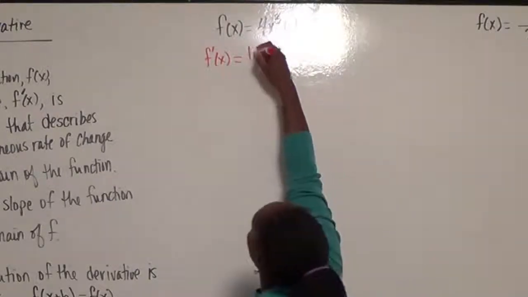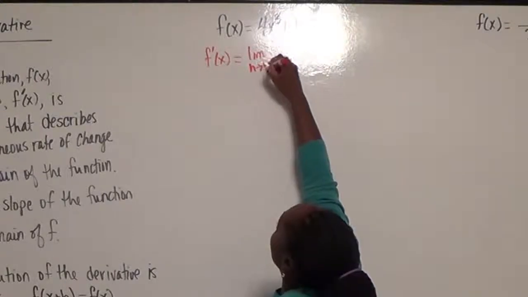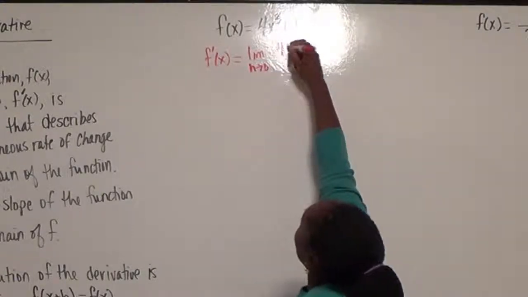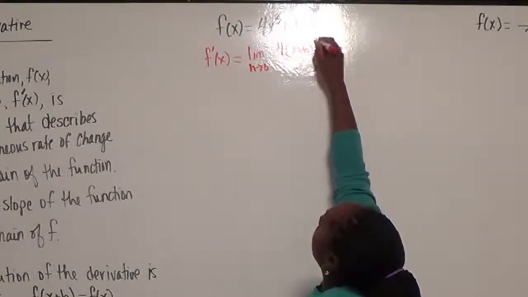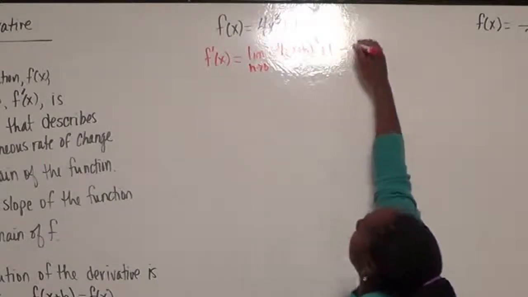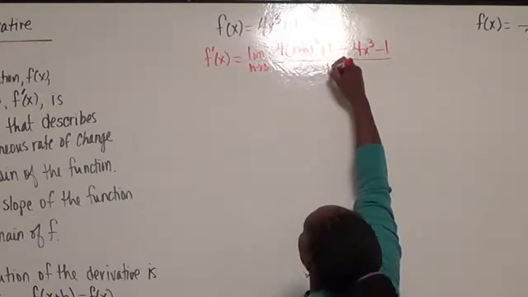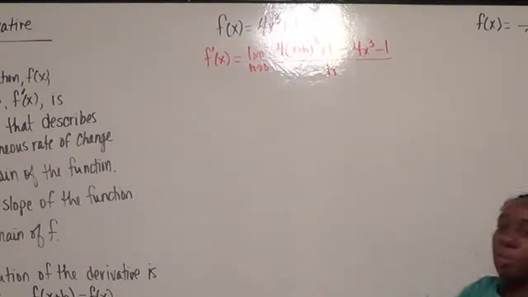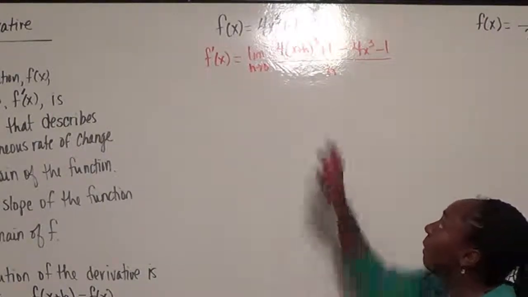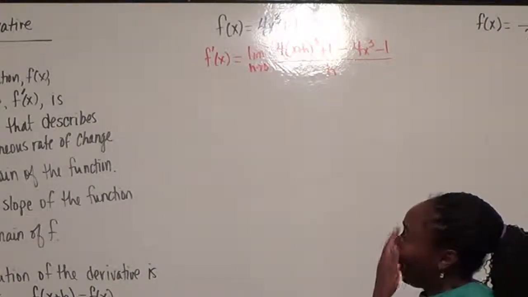our f prime of x is going to look like the limit as h goes to 0 of 4 times (x plus h) cubed plus 1 minus 4x cubed minus 1, all over h. Again, don't forget to distribute your minus sign. From there, again, we'll go ahead and simplify.